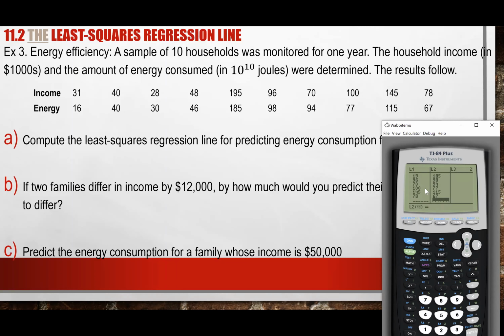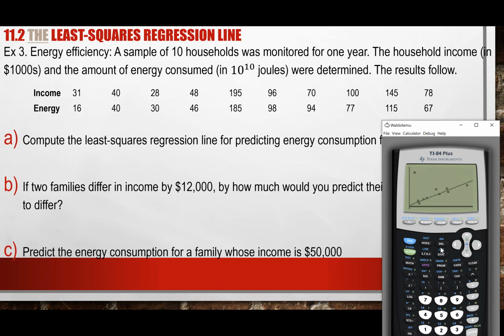So those are my data, L1 and L2. If you want to find a scatter plot, you just click zoom and go to zoom stat, and that's your scatter plot.